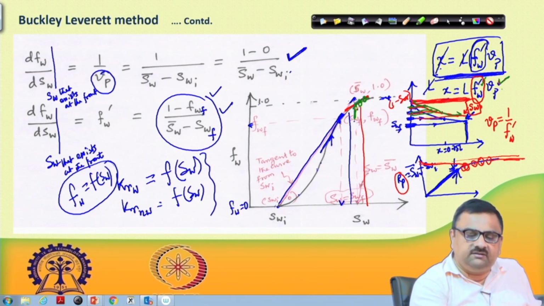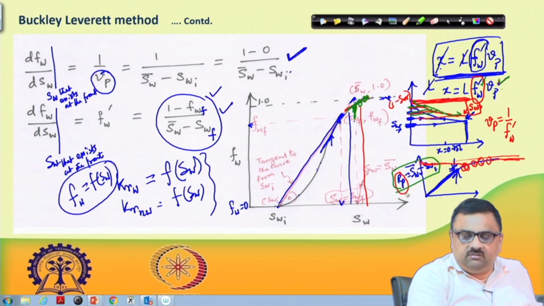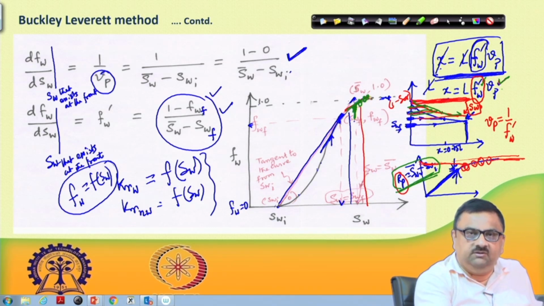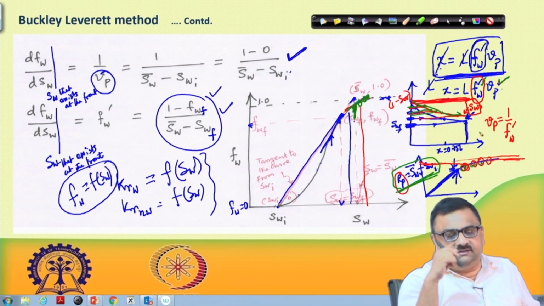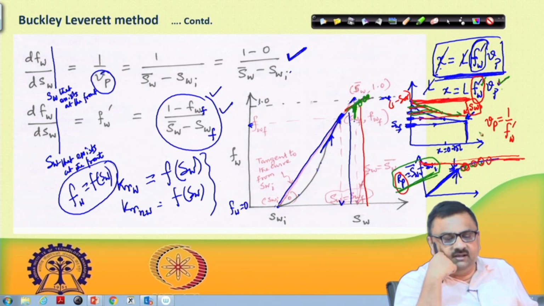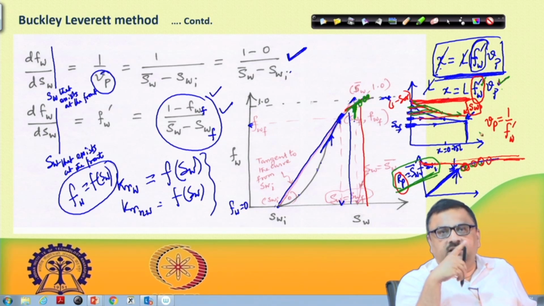Starting wherever you are, the corresponding SW bar minus SWI will give you, for that particular VP, which is 1 by FW prime for this SW, how much oil is produced. So, you can generate these points as well. One can perform this exercise to generate these curves.